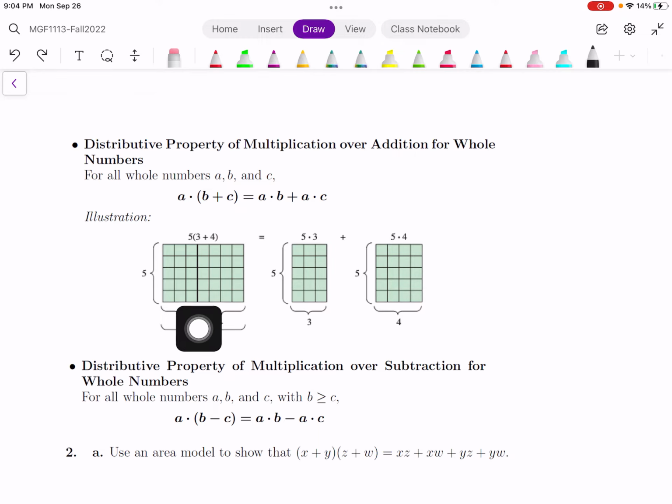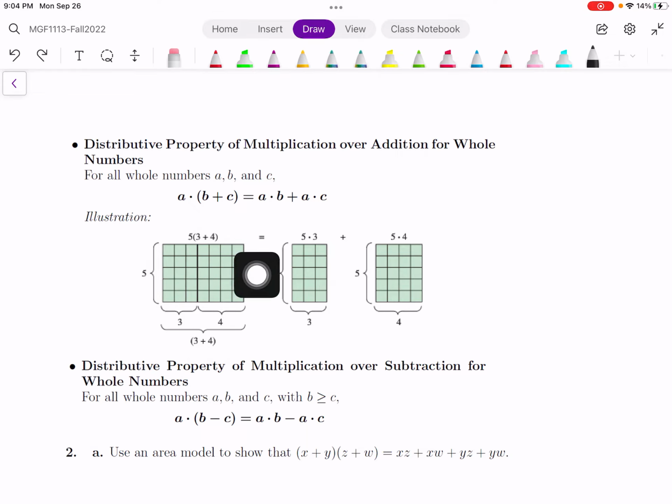Basically, this dimension is 3 plus 4. So I have 3 and then another 4 squares that form this dimension, and then 5 squares on top form the height of this rectangle. So this represents 5 times (3 plus 4). So this is this rectangle.